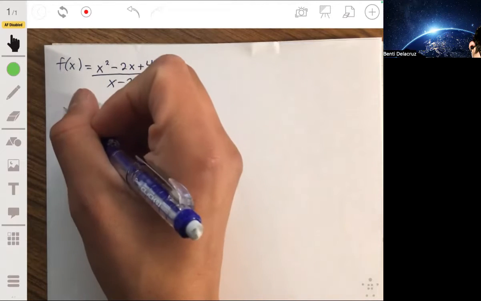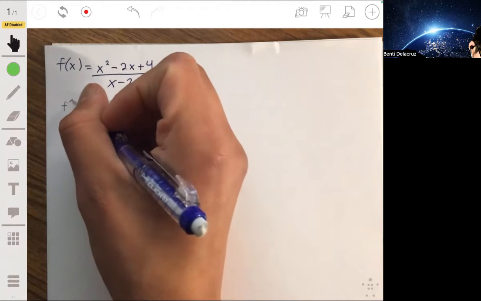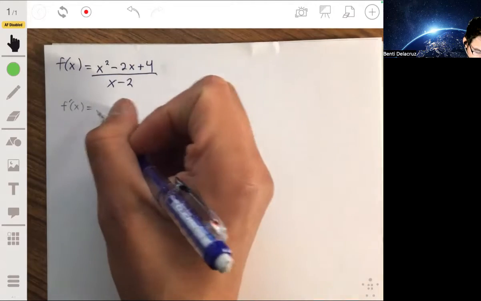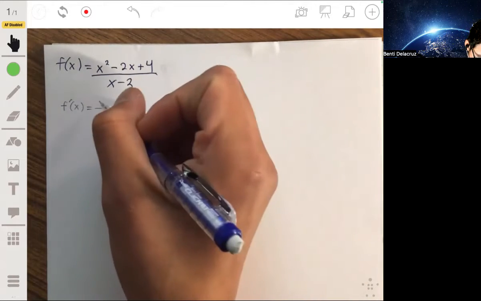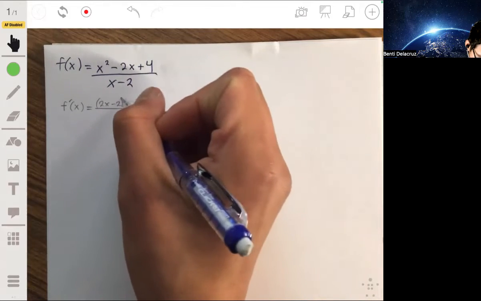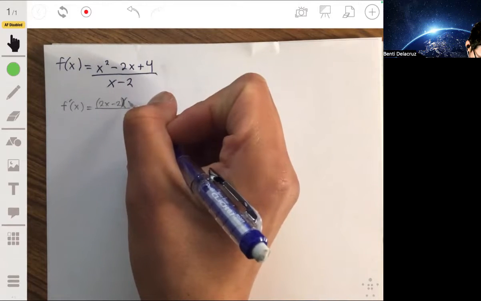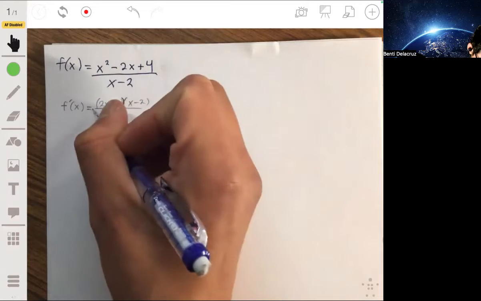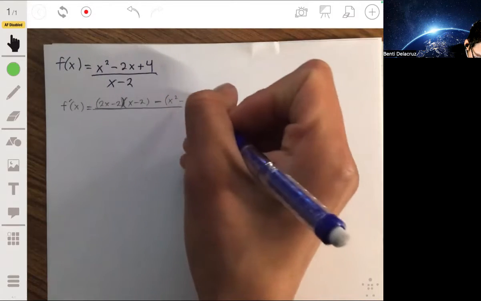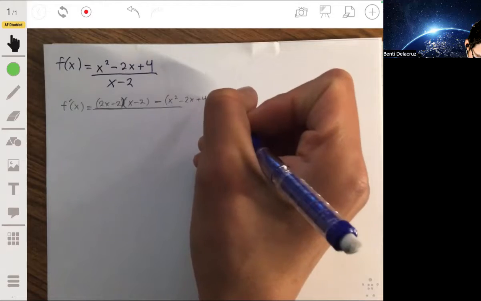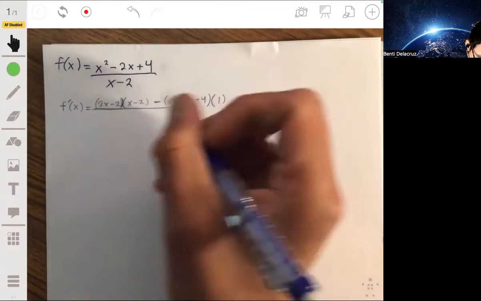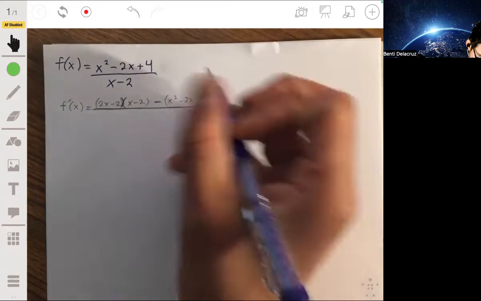Quotient rule: f prime of x will be equal to the derivative of the top, 2x minus 2, times the bottom function, x minus 2, minus the top function times the derivative of the bottom function, which will just be 1, all over the bottom function squared.